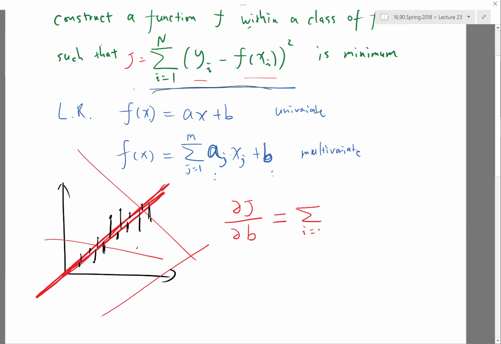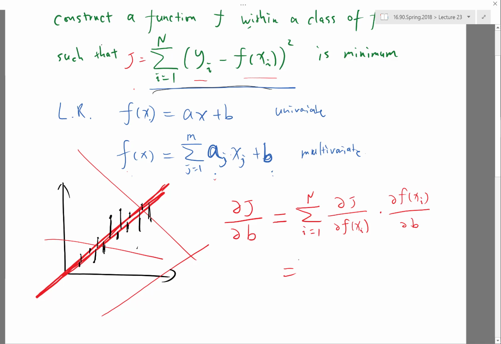First of all, you have a sum over all the n's, right? Partial J, partial f of x_i, then multiplied by partial f of x_i, partial b. The good thing about partial f, partial b is it's 1, right?